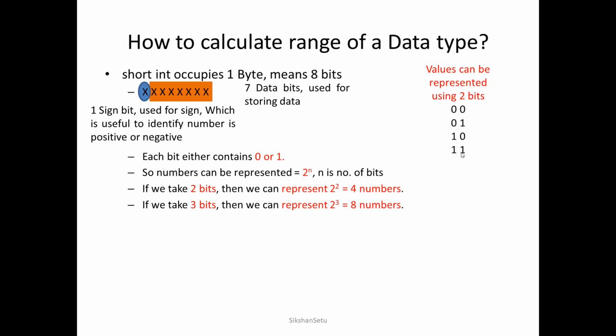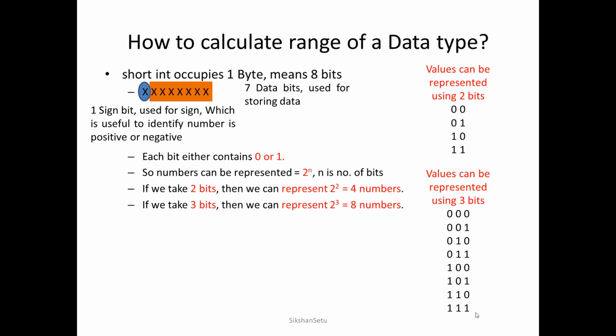Likewise, if we have 3 bits, then we can represent 2 power 3, which means 8 distinct numbers. How? Here you can see first all 3 are 0, then 001, 010, 011, and likewise these are 8 distinct numbers which can be represented using 3 bits.